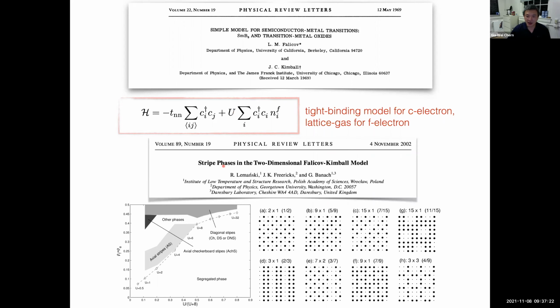Okay, and so earlier work has shown that this model has a very rich phase diagram and all kinds of complicated structures. Like this checkerboard CDW pattern. And you also have vertical stripes or diagonal stripes, or even more complicated structures with large unit cells. So in this work, we want to study the phase separation of these checkerboard CDW patterns.